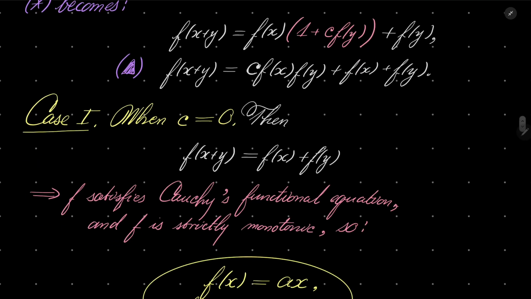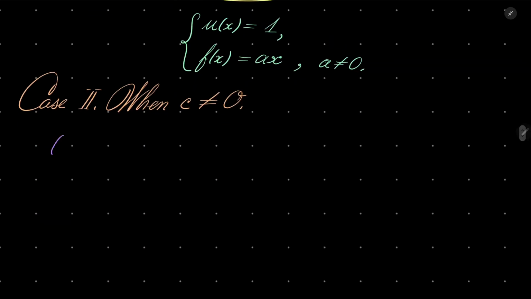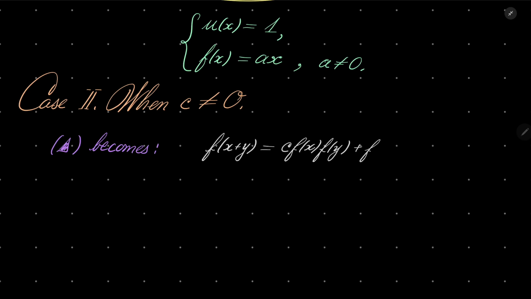And now I will manipulate triangle to get some new form of equation. So our equation triangle is equivalent to saying f of x plus y equals c times f of x times f of y plus f of x plus f of y.